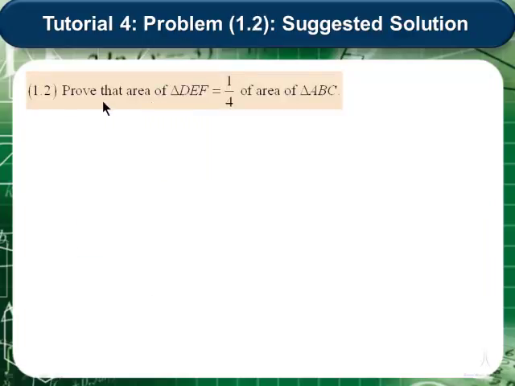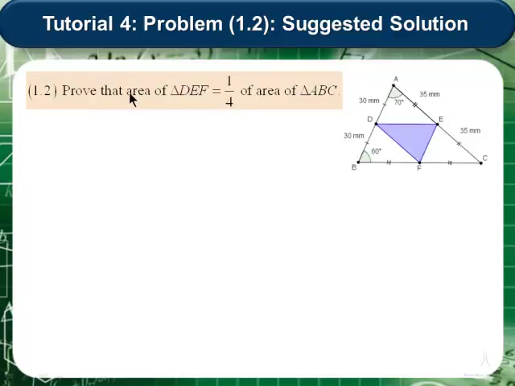Let us consider a suggested solution to problem 1.2 of tutorial 4. We need to prove that the area of triangle DEF, the shaded one, is a quarter of the area of triangle ABC. Note we see quite a few parallelograms here, namely quadrilateral ADFE is a parallelogram.